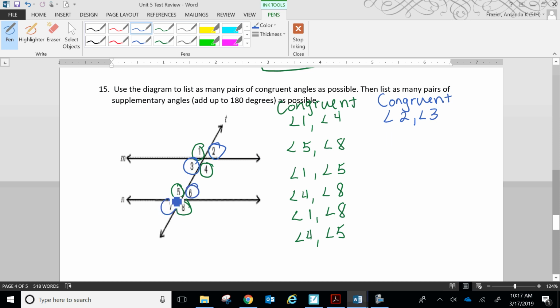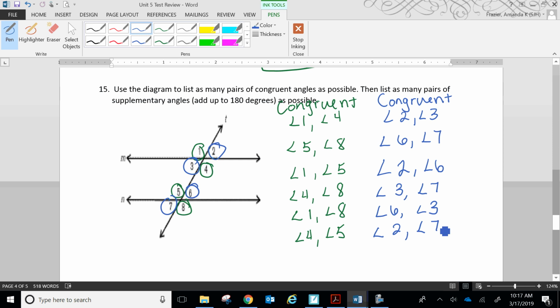And I know angle 6 and angle 7 are congruent. So that means I know angle 2 and angle 6 are congruent. And angle 3 and angle 7 are congruent. And I know angle 6 and angle 3 are congruent. And angle 2 and angle 7 are congruent.